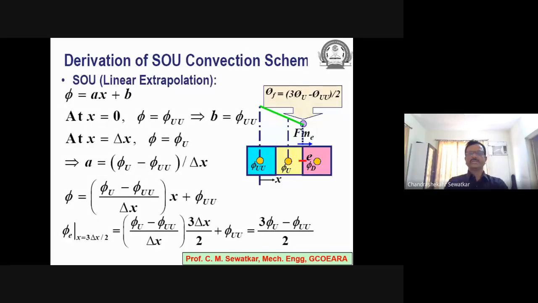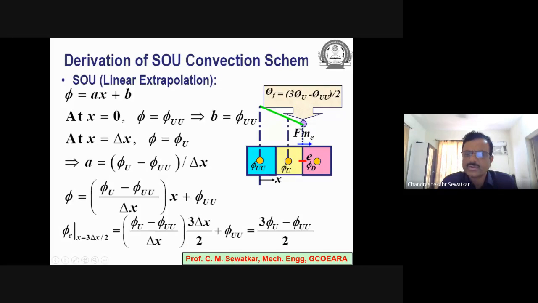Let us look at the second order upwind scheme, that is SOU. For this SOU, we adopt linear extrapolation. So the second order upwind scheme is an extrapolation scheme. Let us assume that I am interested in finding the value of the variable on the east face.